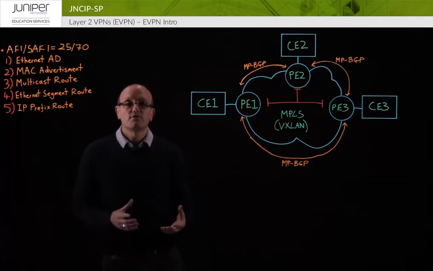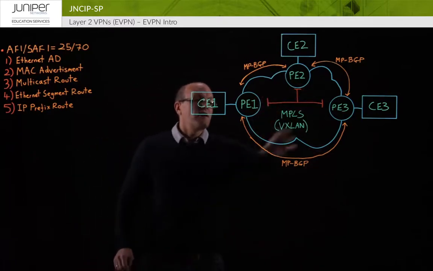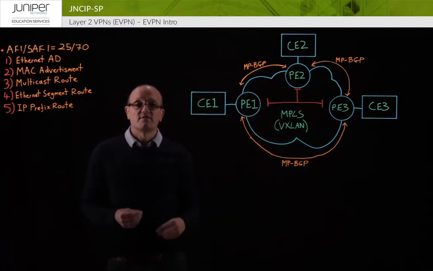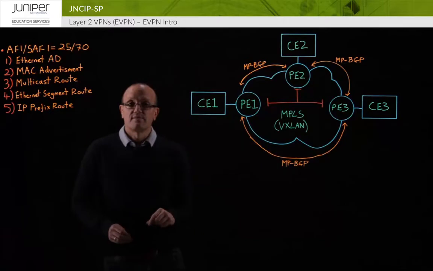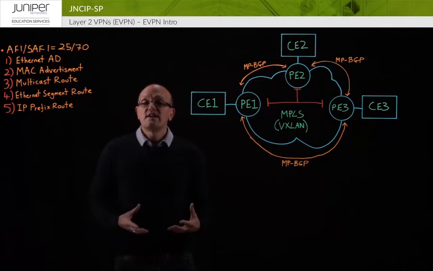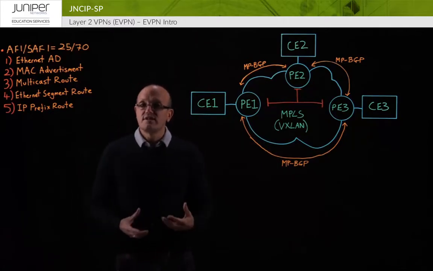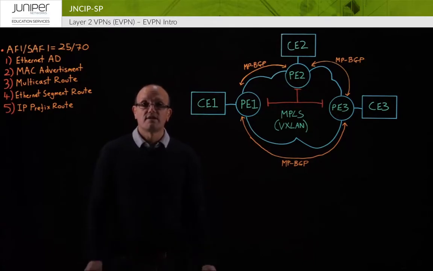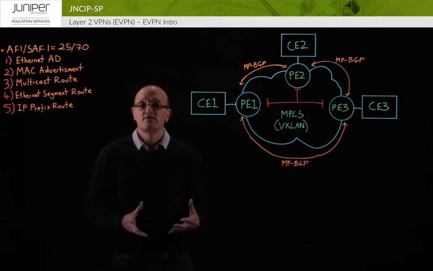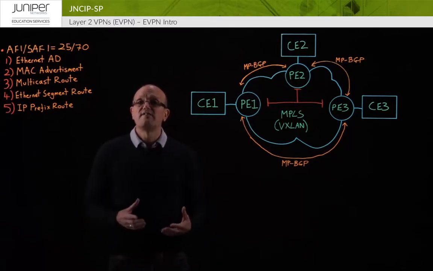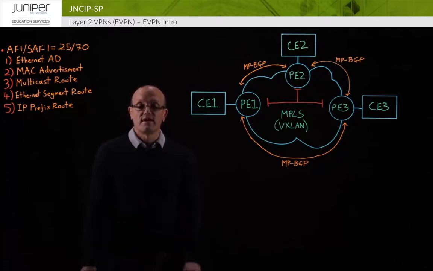And it also supports different underlying data transfer mechanisms, such as VXLAN. So you can see that EVPN addresses these shortcomings of VPLS. And in the coming videos, we'll take a look at how EVPN operates in more detail.